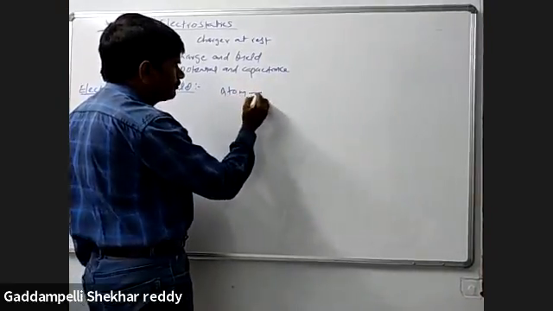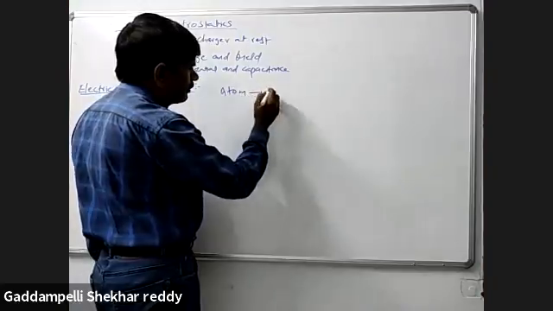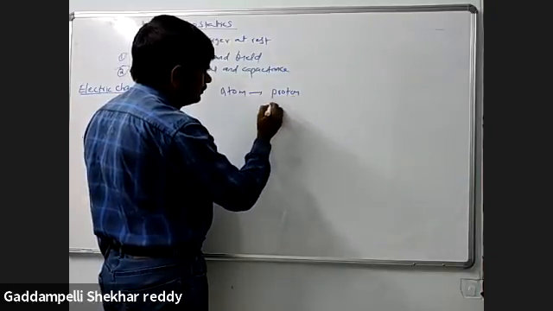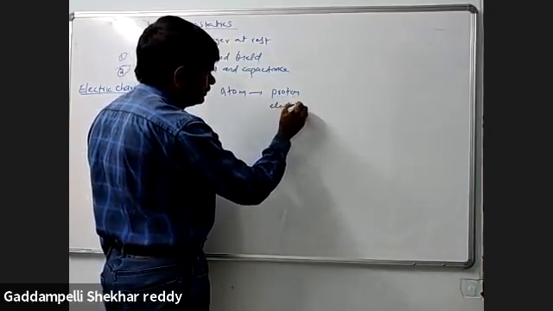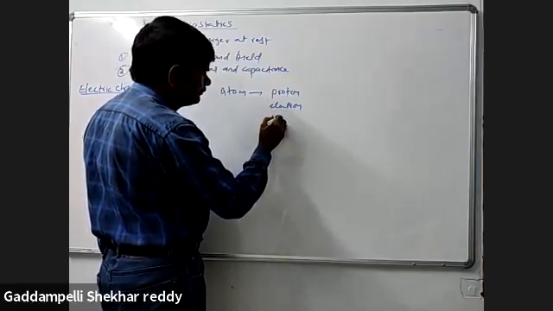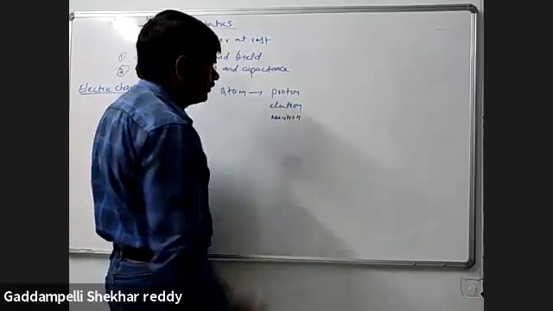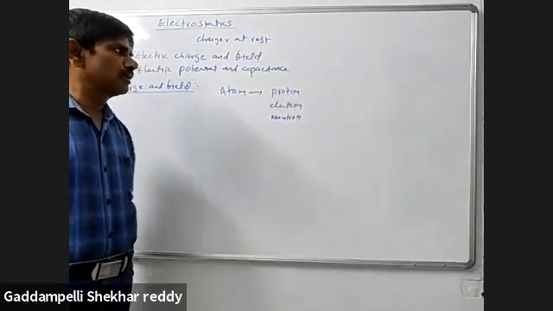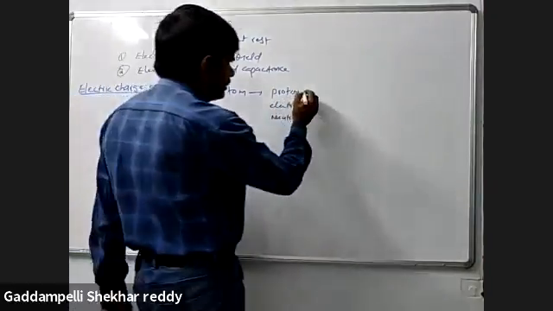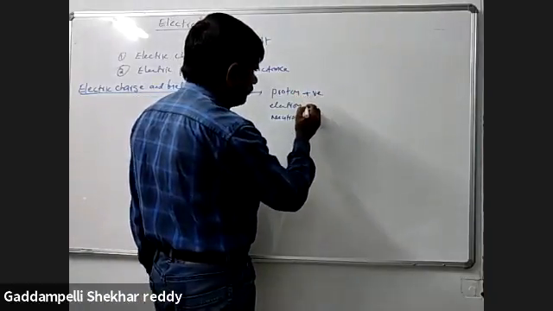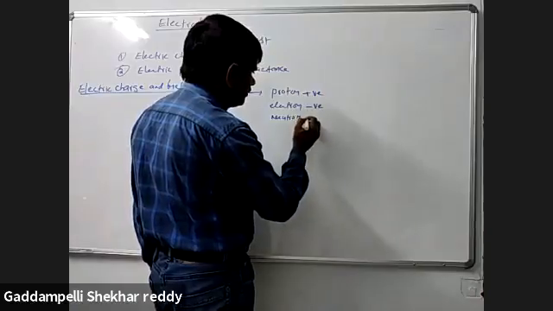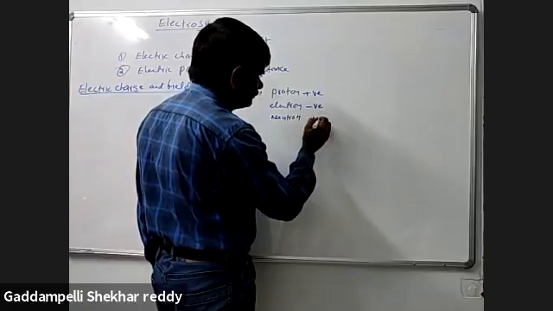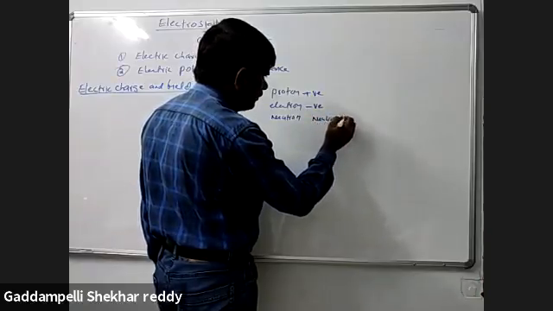This atom has mainly three subatomic particles: proton, electron, and neutron. The proton's nature is positive, the electron's nature is negative, and the neutron's nature is neutral, that means zero charge.